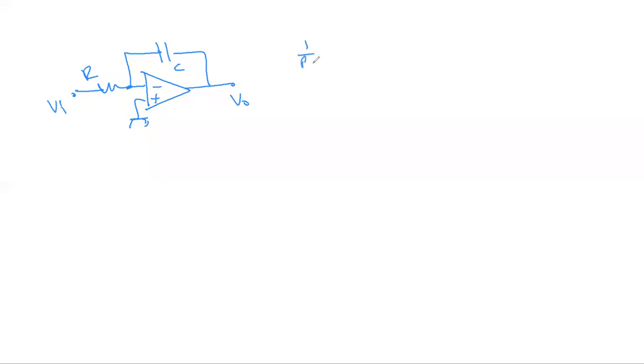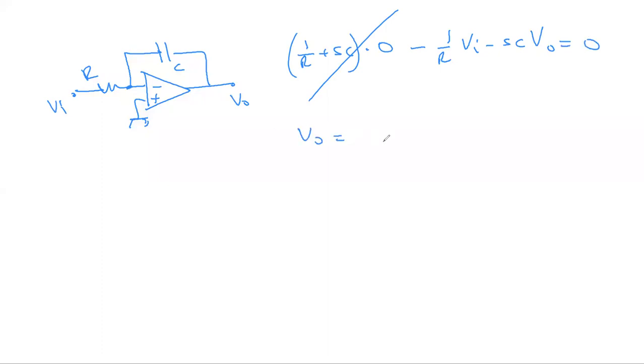Oh, let's do it one more time. Times 0, this is gone. Minus 1 over R VI minus SC V0 equals 0. From here, V0 is going to be equal to minus 1 over RC times S VI.